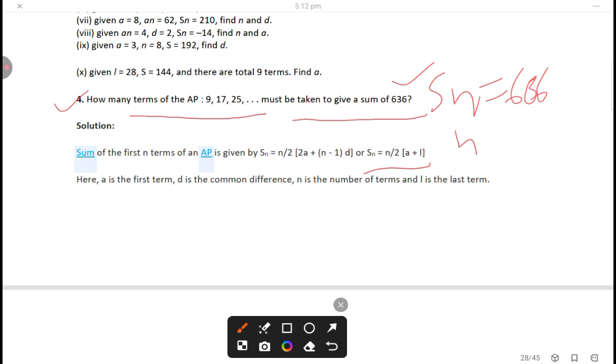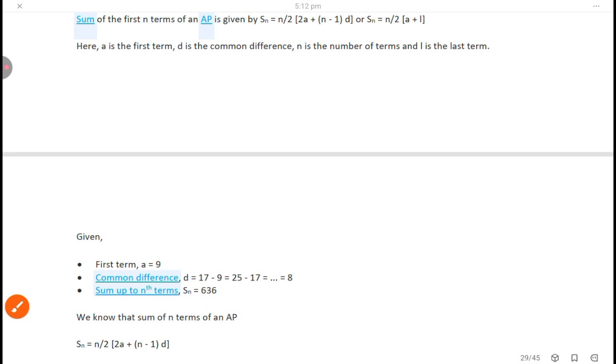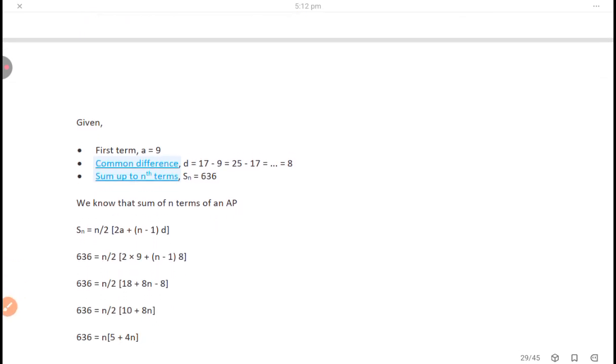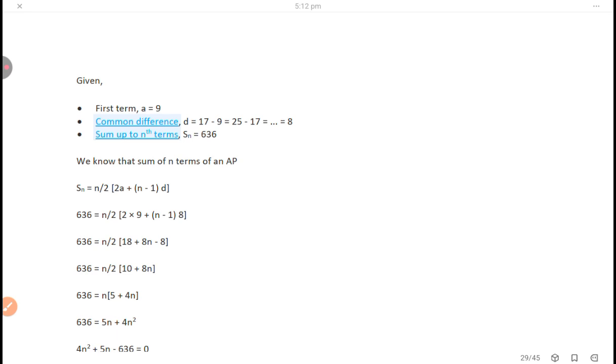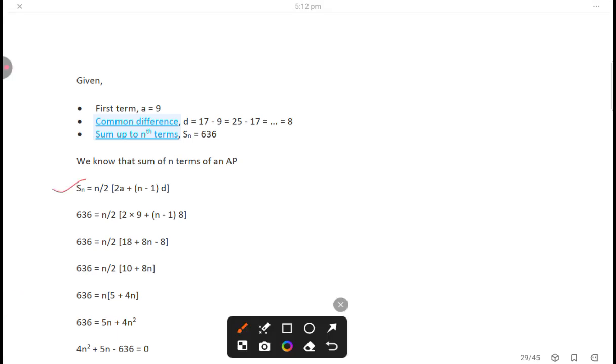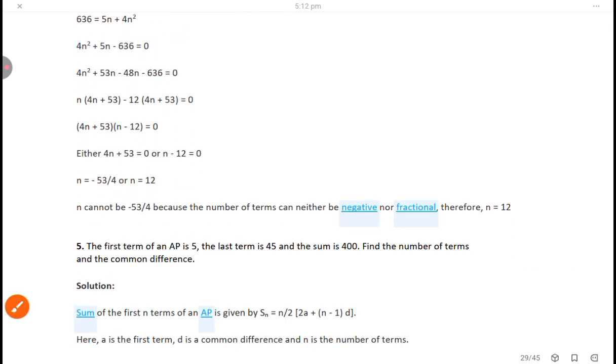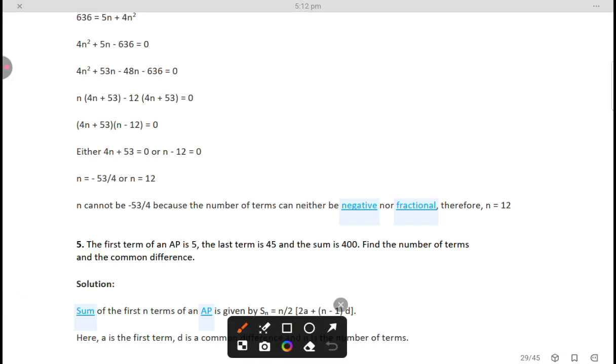You know a, you know the common difference, and you know Sn. So put all the information in this formula and you can find the n value. The n value cannot be a fraction, so you take n equal to 12.